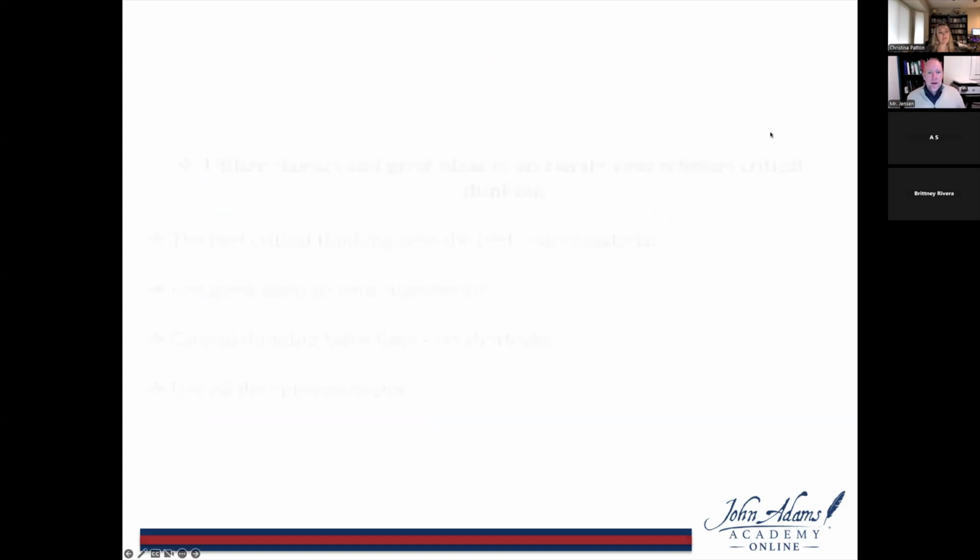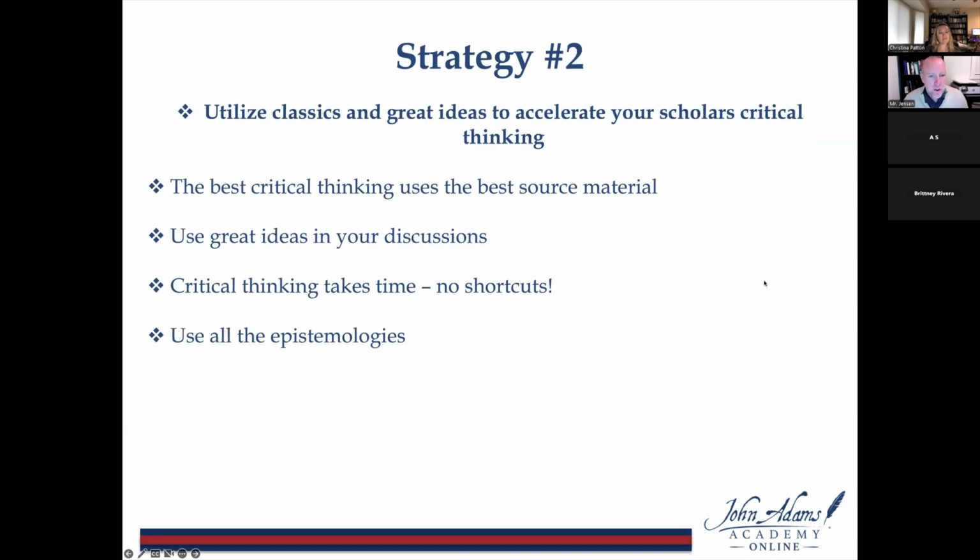Okay, let's do strategy number 2. One of my favorites, because we do this at our school, John Adams Academy. Utilize classics and great ideas to accelerate your scholars' critical thinking. There was a time, I don't think they're very popular anymore, but the great kids book, Captain Underpants.